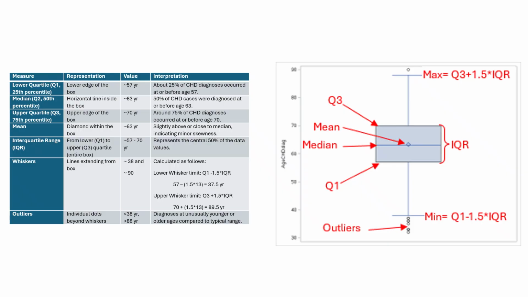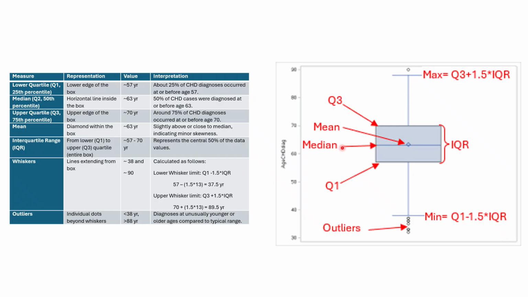Okay, I created a slide to explain it in a better way. So you see the same box plot here. The diamond shape in the center is for the mean, which we already know is 63 years. And we know that most of the people are developing chronic heart disease at 63. That was the mean, and median was also very close to 63.